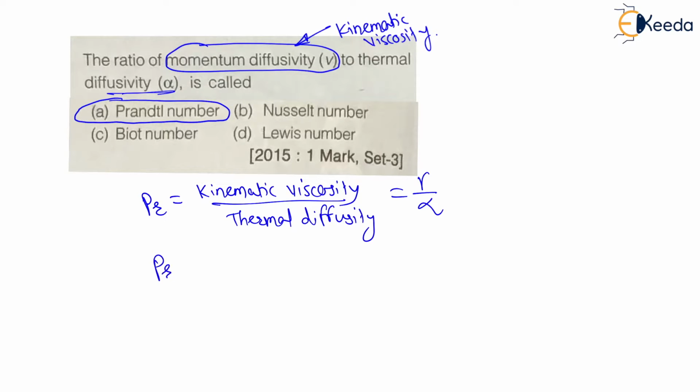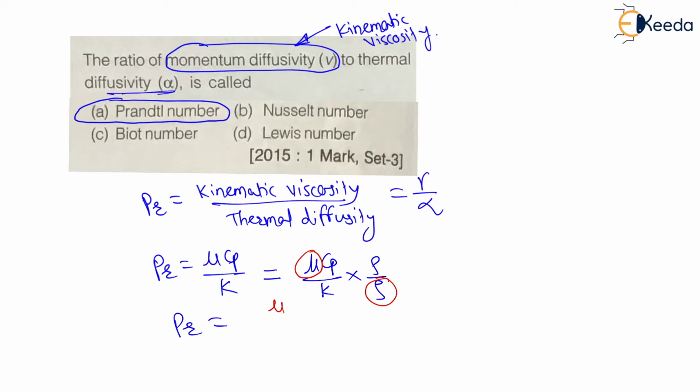We have seen Prandtl number is nothing but mu Cp divided by K, right? Now again, the same Prandtl number can be written as mu Cp divided by K into rho divided by rho, right? Therefore, my dear students, again the same Prandtl number can be written as mu divided by rho, divided by, now this rho Cp I am taking to the denominator, therefore it will become K divided by rho Cp, right?